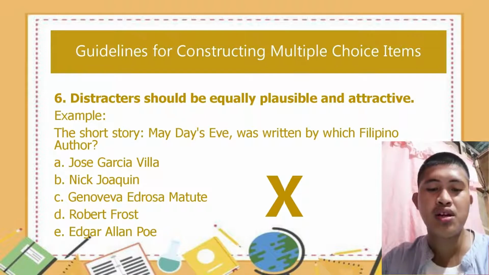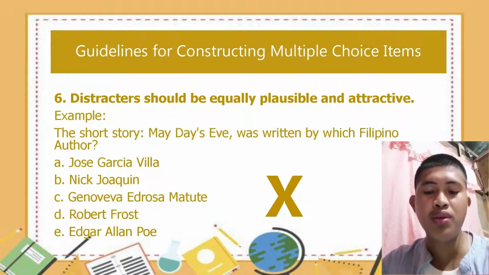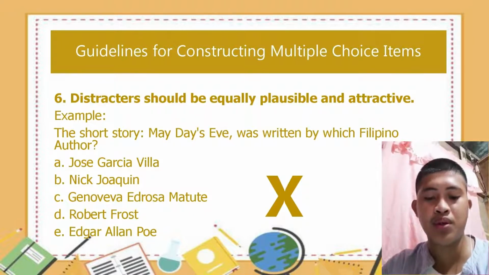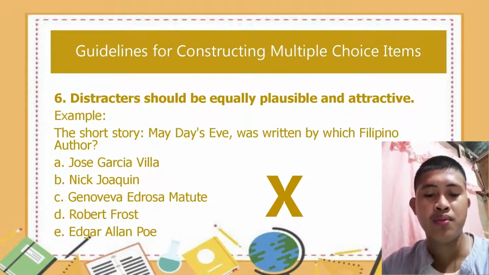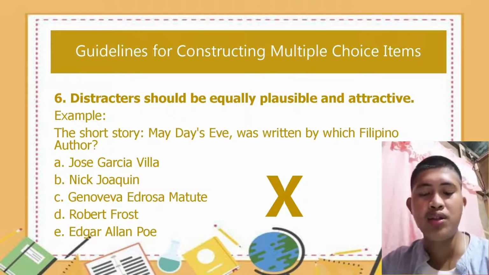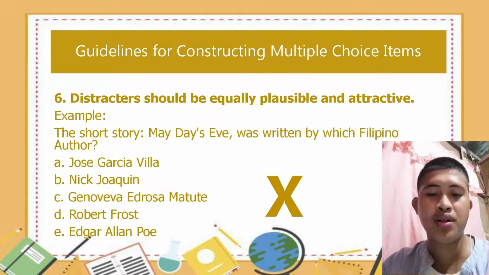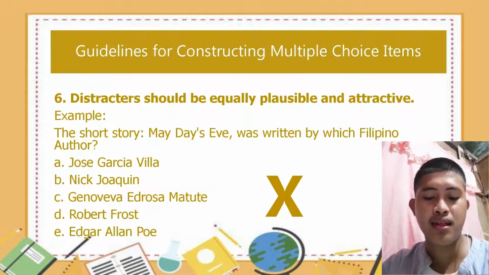As you can see, only the first three are Filipino authors, so the value of the item would be greatly decreased. Only the first three carry the burden of the entire item, since the last two are essentially discarded by the students.